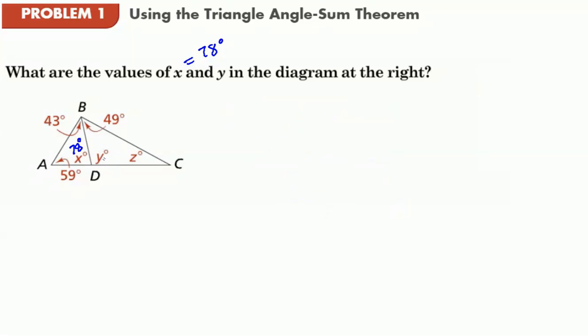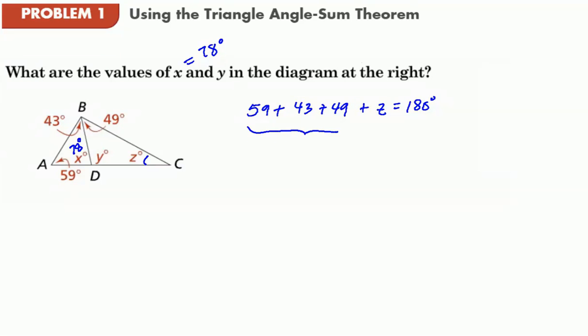Now to solve angle y, one of the things we can do is solve for angle z. So to solve for angle z, we would have to use the angles A, B, and C and make those equal to 180. So I'll go ahead and say that 59 plus these two angles for B, which is 43 and 49, plus z is going to equal 180 degrees.